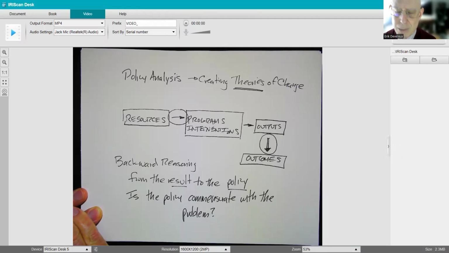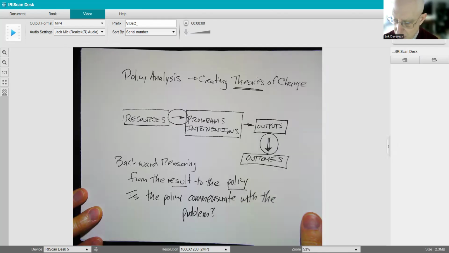If it is not commensurate, and often we struggle, governments struggle, organizations struggle to get sufficient resources to be commensurate to the nature of the problem, then all I can say is good luck with that, because you are very unlikely to change the world in the manner that you seek if you cannot apply a commensurate amount of resources to solve the problem. Okay?